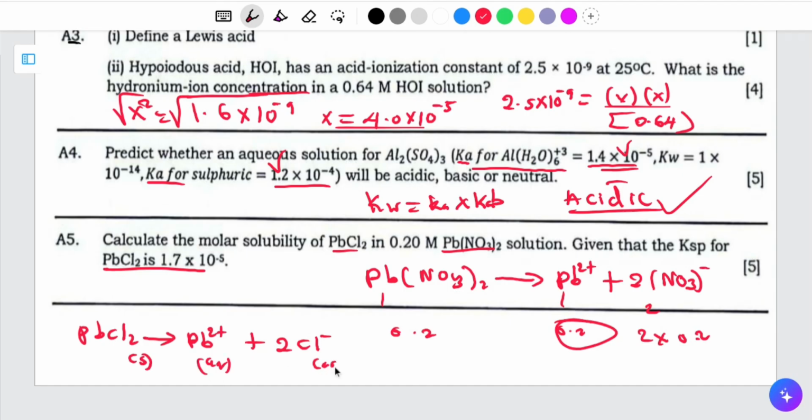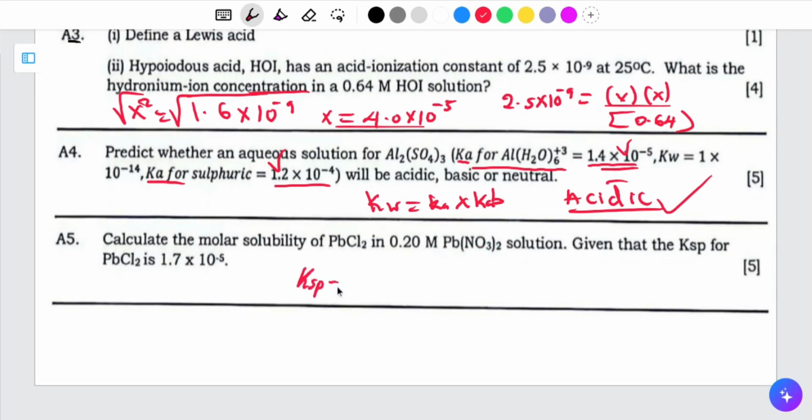We also know the concentration of lead. Since this one is lead and this one is lead, they are going to have the same concentration, which is 0.2. We have lead 2 ion, and we also have chloride ion to the power 2. Remember, the power is the coefficient.